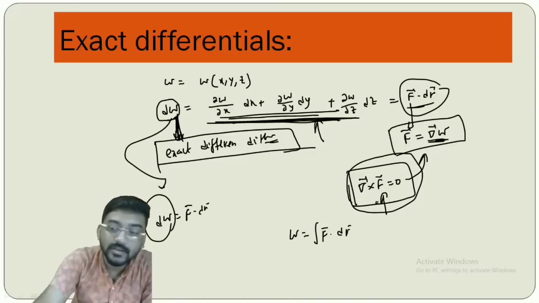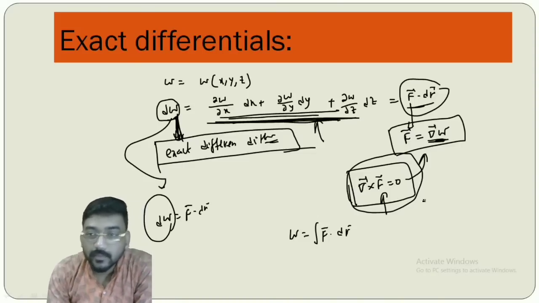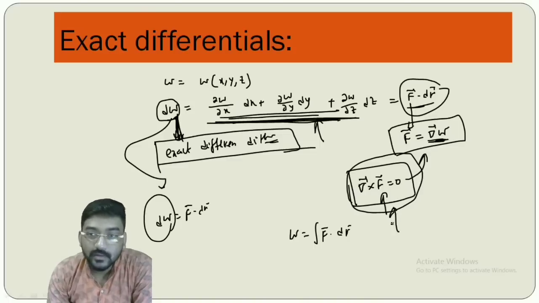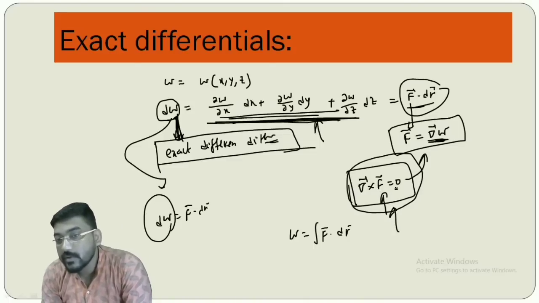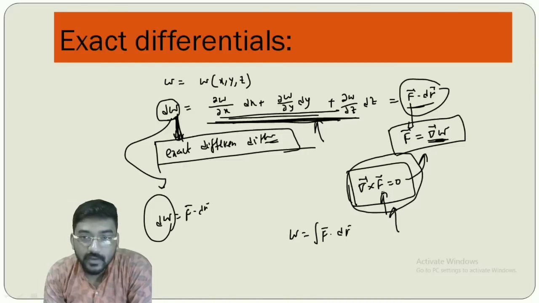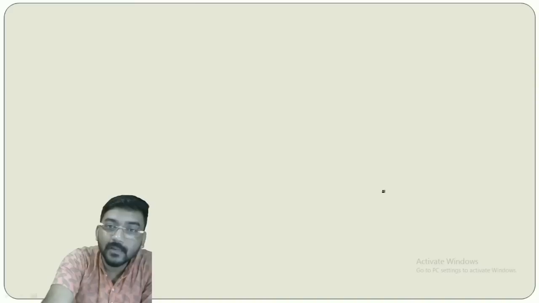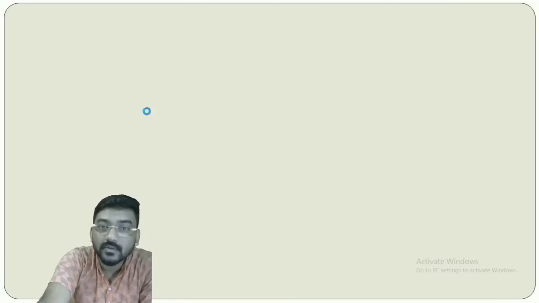And what is another way of discussing or representing this thing? Let me tell you. What does curl of f equal to 0 actually mean? We have seen earlier what curl of f means.